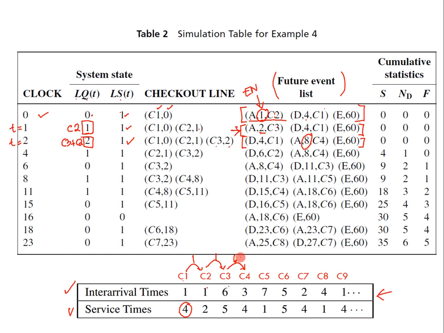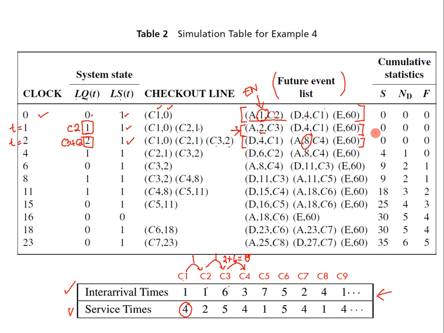Customer 3 arrived at time 2, and the inter-arrival time between customer 3 and 4 is 6 minutes. So 2 plus 6, customer 4 will arrive at time 8. That's why we know customer 4 is going to arrive at time 8, and that's going to be our next arrival.